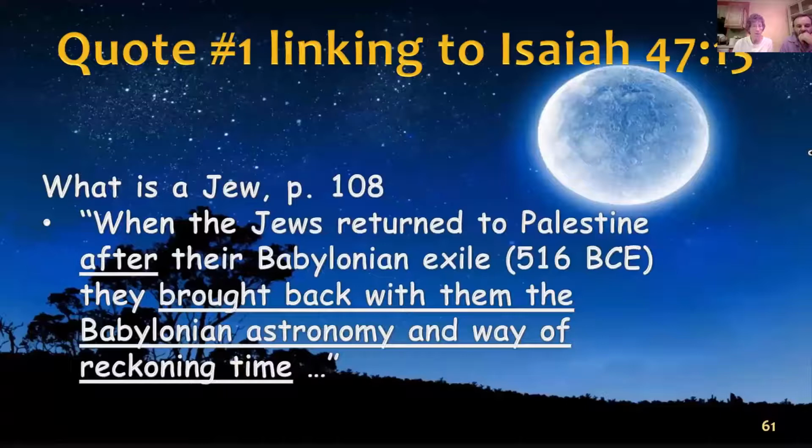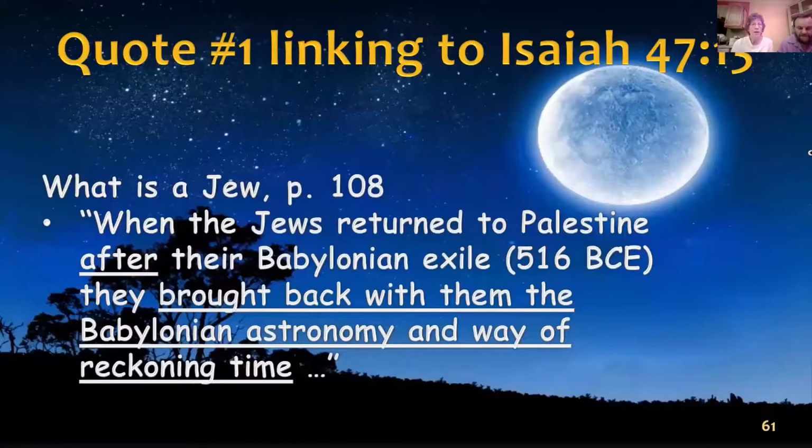It's got some really important concepts in here. They brought back with them the Babylonian astronomy and way of reckoning time. That sounds like calendar. Now, could that word astronomy be changed for astrology based on what we've just read? Well, Tim, let's let the panel tell us when we give them a chance.